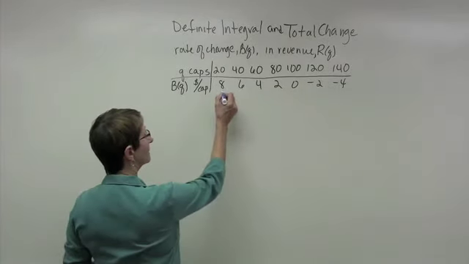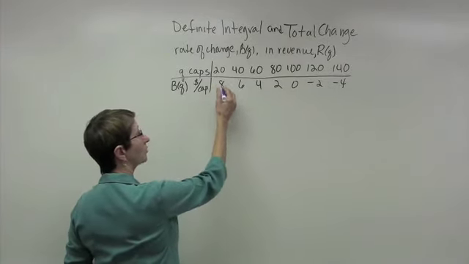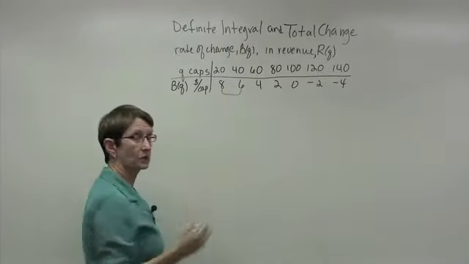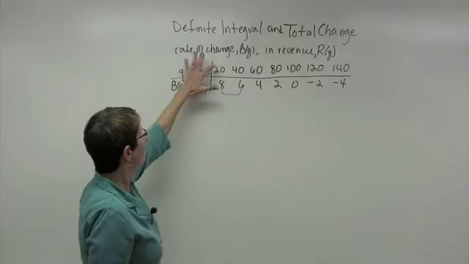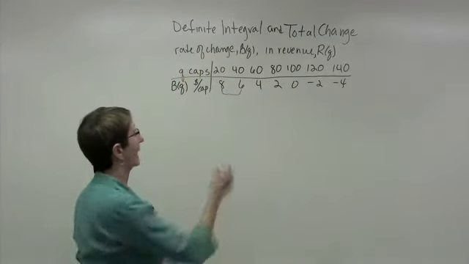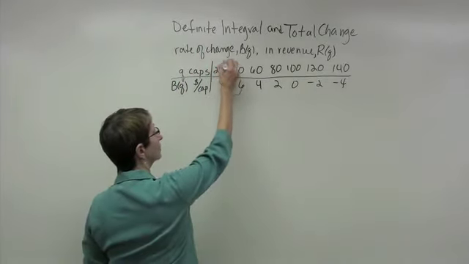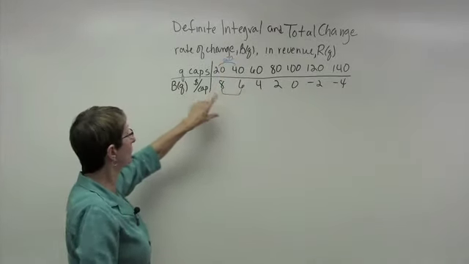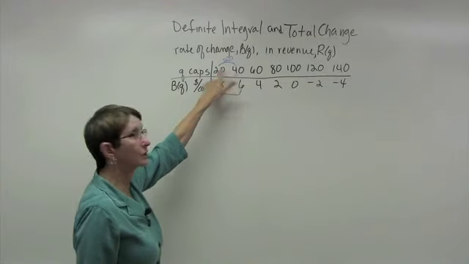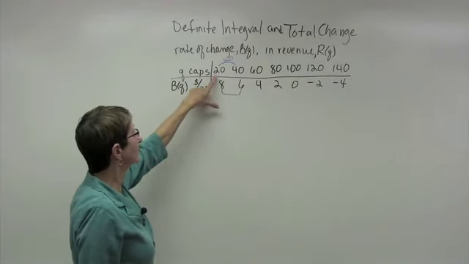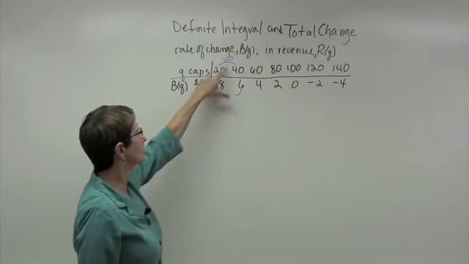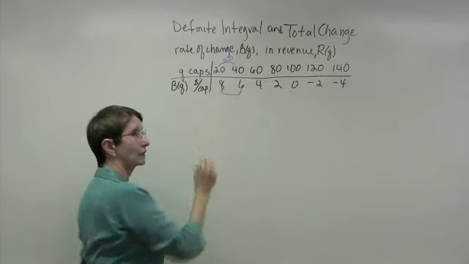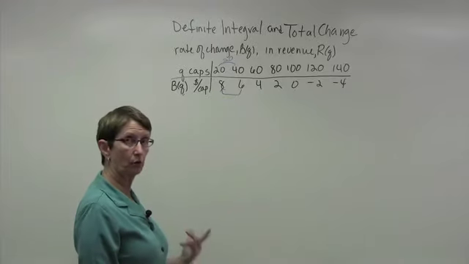And to estimate the total change, we're going to use this data. Now, we have the interval where $8 per cap was the change in revenue, and then it decreased to $6 per cap when we went from 20 caps to 40 caps. So on this interval, 20 caps were sold. And we have a choice as to whether we say, over that 20 caps, is it 20 times 8 or is it 20 times 6? Let's choose the left end point of the interval, and that's the one we're going to work with.